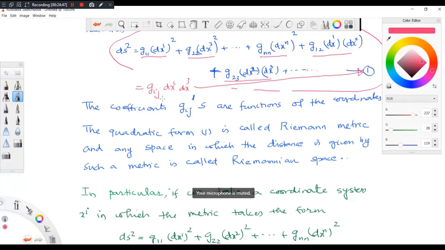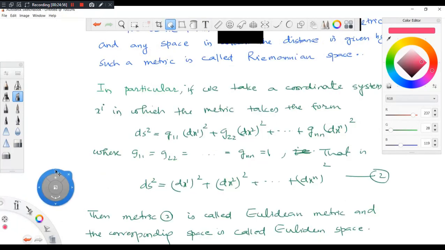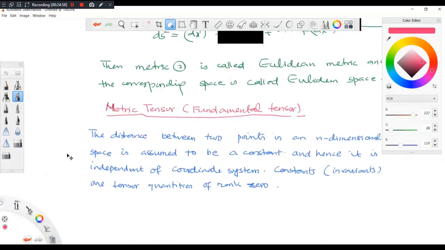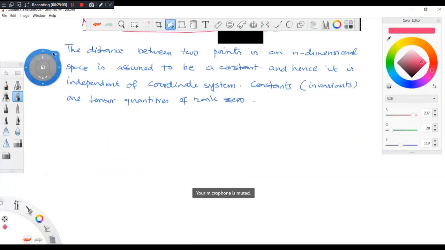So now, let me come back to this. A quantity that is a tensor of rank 0 is any constant.